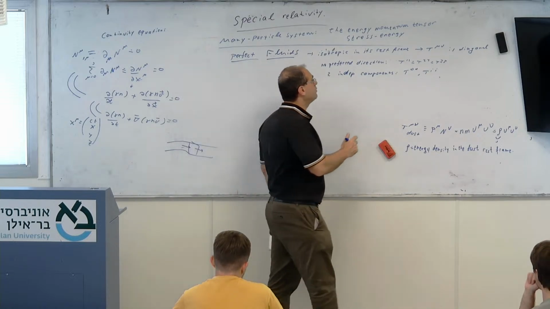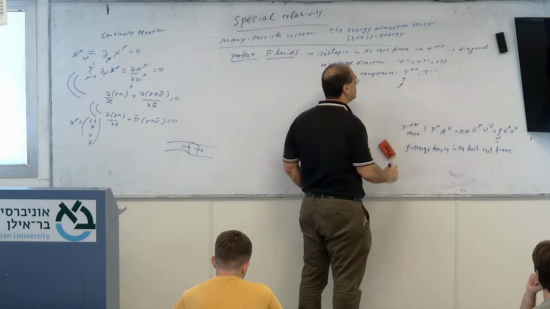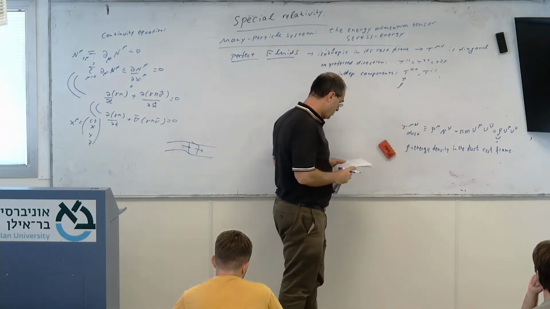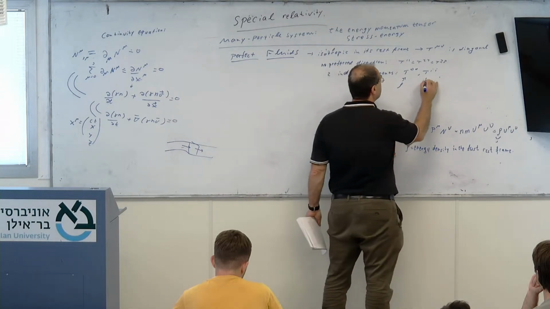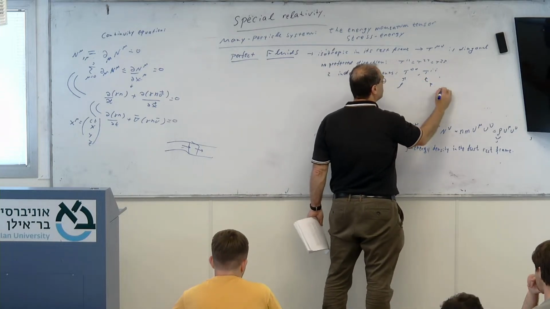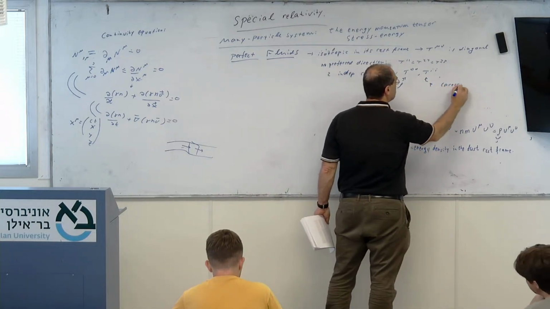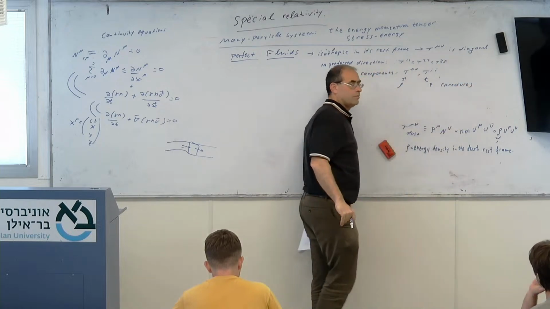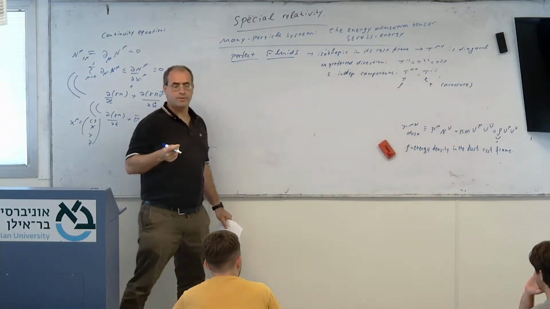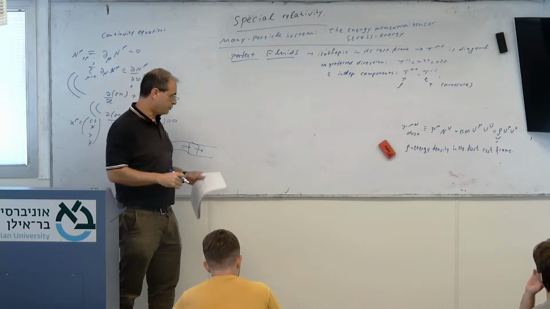This we can call the energy density, rho, and this we can call the pressure. The same P as momentum, but there's no Pi, so you know it's a pressure.